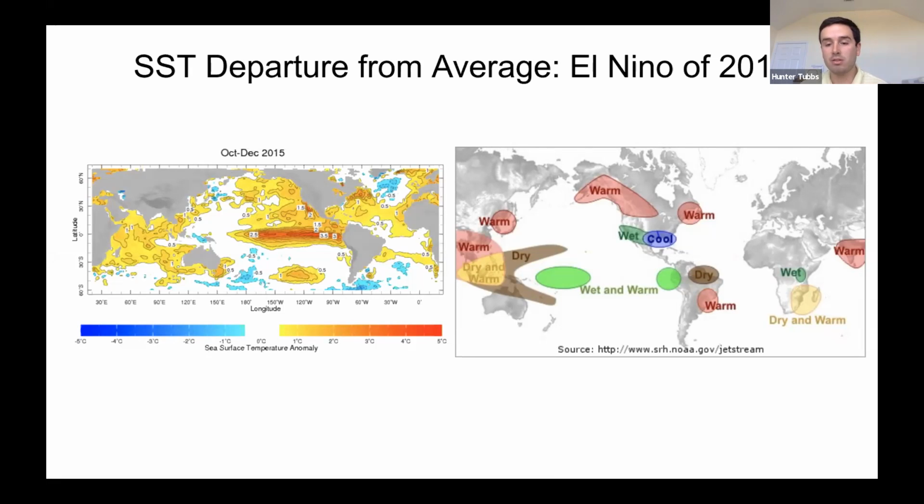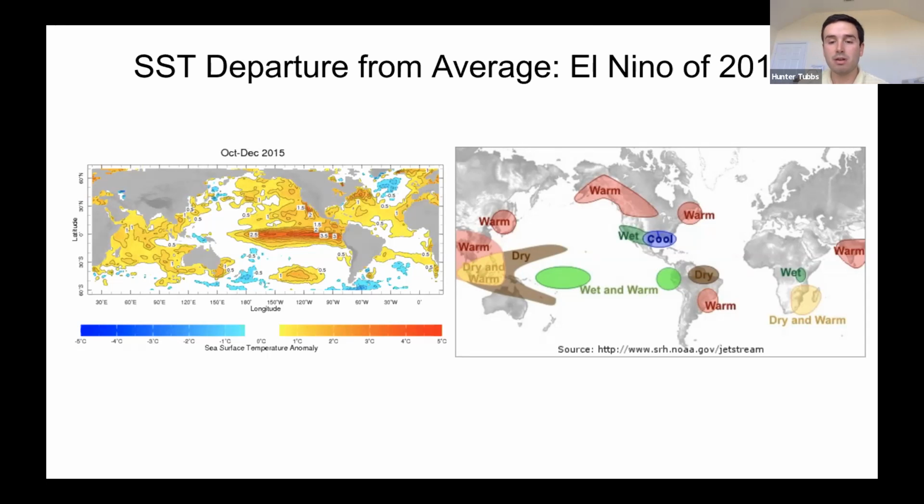When something like this occurs, we can see changes in the average climate across the globe. On the right-hand side, we can see average conditions during a moderate to strong El Nino year. For example, in New England, we typically see warmer than average conditions, as well as across portions of Alaska, whereas the southwestern United States tends to be wetter, the southeastern United States tends to be cooler, and we also see global changes as well.